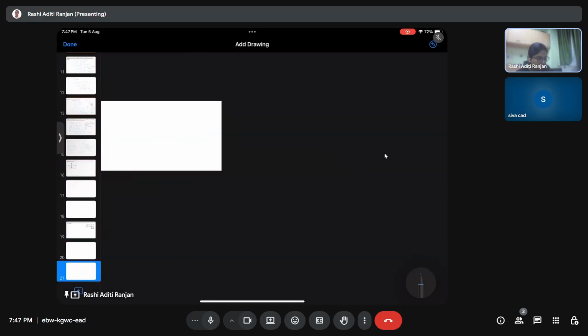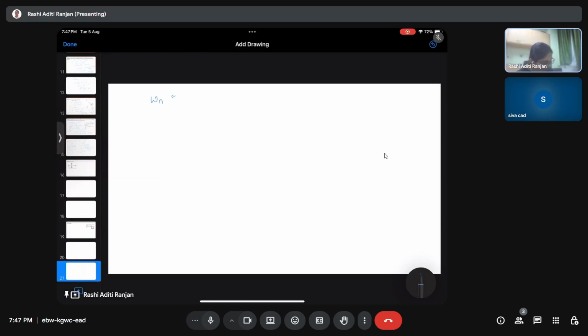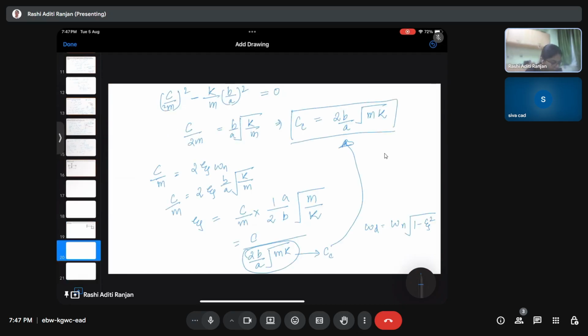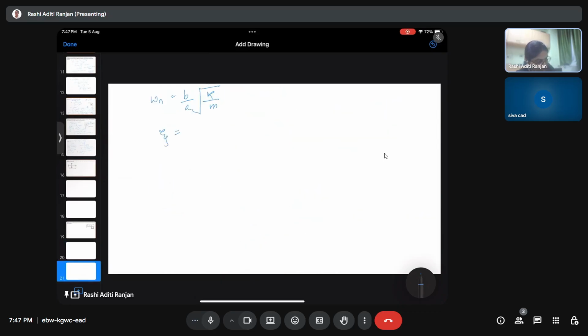And we have omega n as nothing but B by A under root of K by M. And then we have eta as nothing but C by Cc, which is A C by twice of B under root of MK.